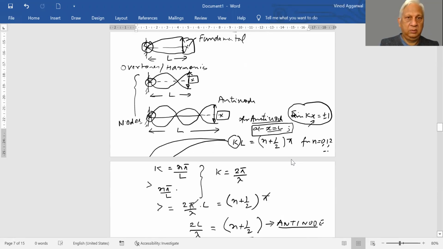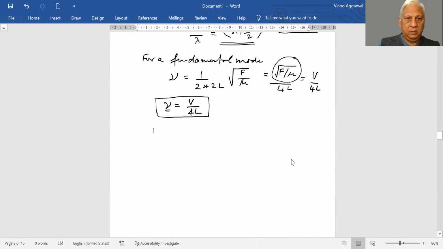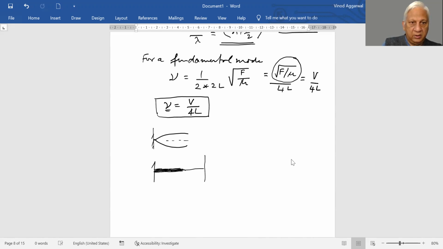Now, while talking about a wave being fixed at one end and free at the other end, a similar behavior will happen if we clamp a string which is thick at one portion and then joined by a thin string, even if they are clamped at both ends.